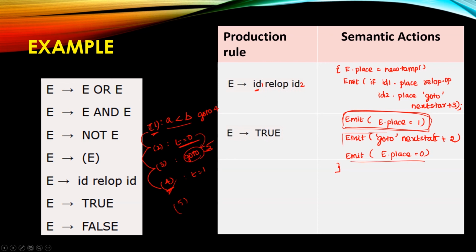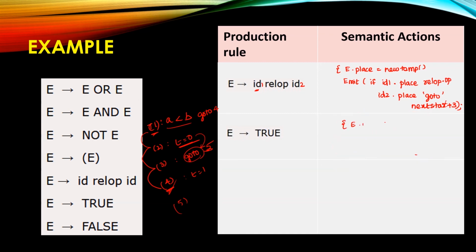That's why I have mentioned nextstat plus 2. And this emit represents the value of the if statement, that is, what is executed if the condition is true. This nextstat plus 3 represents the goto when the if block is true: it has to go to the third statement.